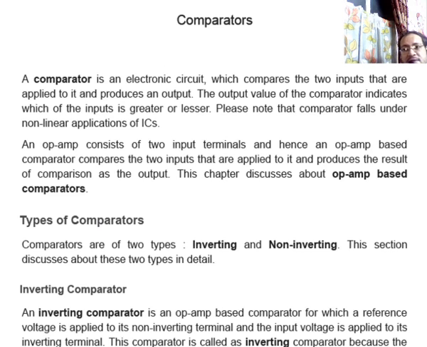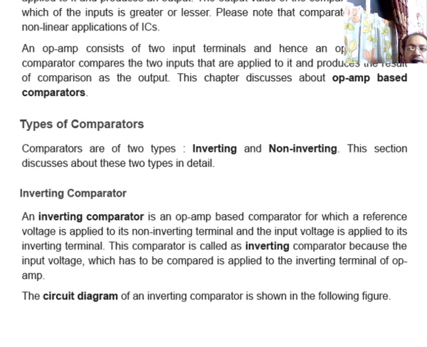So in this chapter I will discuss the OPAMP based comparator. Here there are two types of comparator. One is inverting, another one is non-inverting. So first one, the inverting comparator.